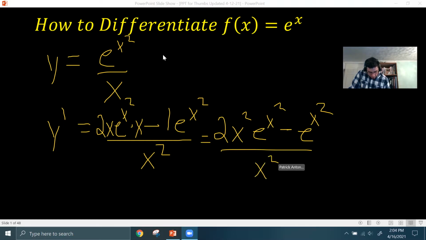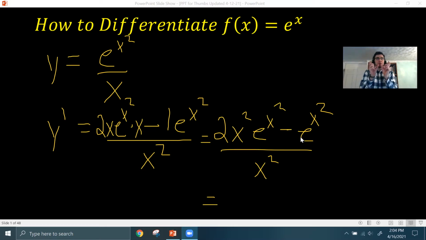And if you wanted to get all fancy pants on this one, you could factor out an e to the x squared, but I will caution you, you cannot cancel this x squared with this x squared. You can only cancel factors in the numerator and denominator when it's multiplication. And I understand that you have multiplication here, but you also have subtraction.